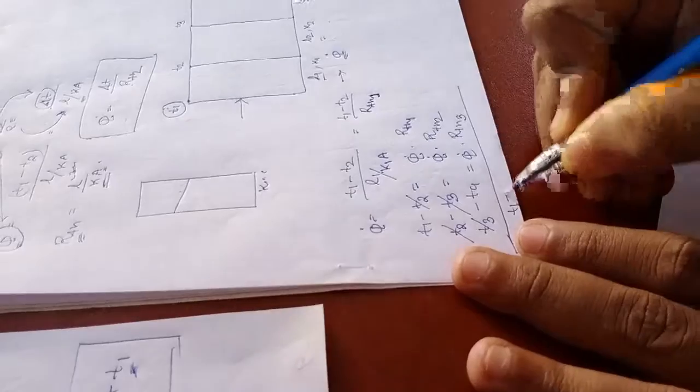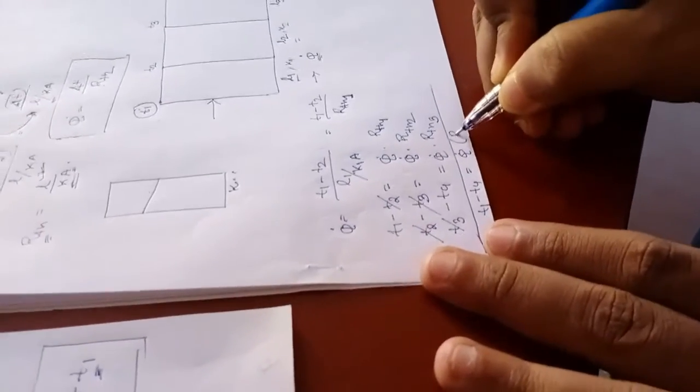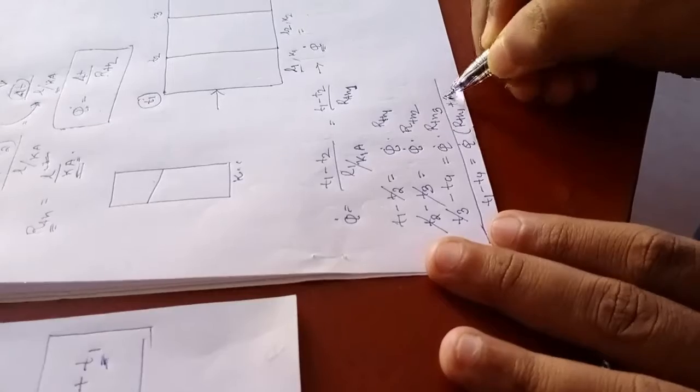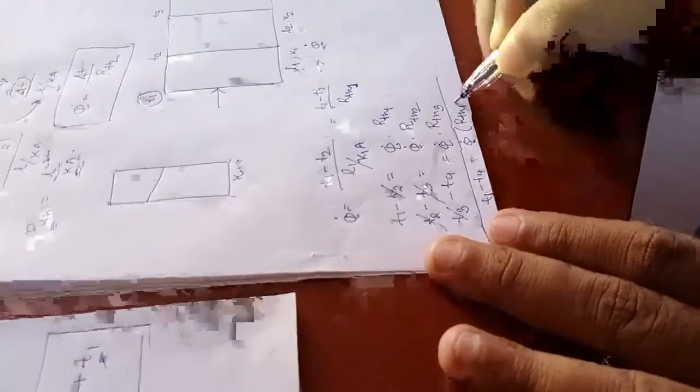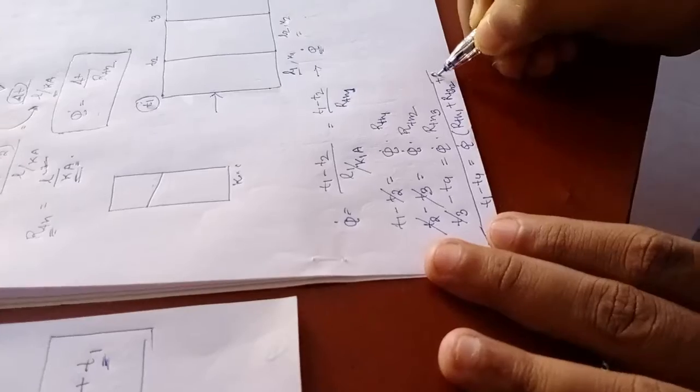If we add these three, the intermediate terms will cancel. We get T1 minus T4 is equal to Q dot times RTH1 plus RTH2 plus RTH3.